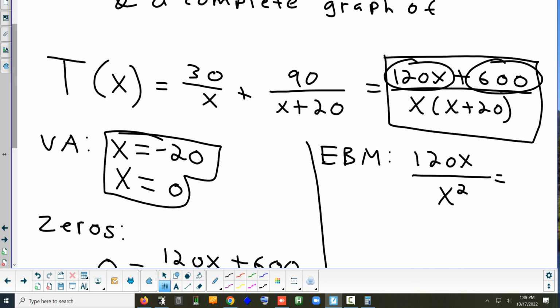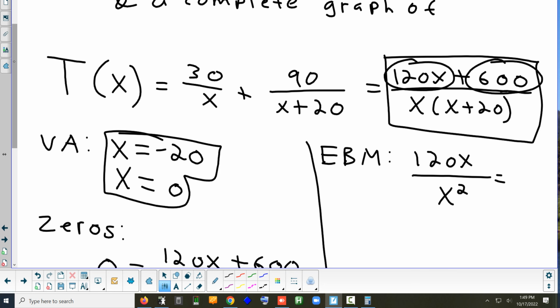So 120x in the top, x squared in the bottom. What can I cancel out from the top and the bottom there? So the choices are, if you have a number in the bottom that reduces into 120, we could do that. Or if we have the same letter in the top and the bottom, we can cancel out as many of the letters that they both have in common. How many x's do we have in the top?